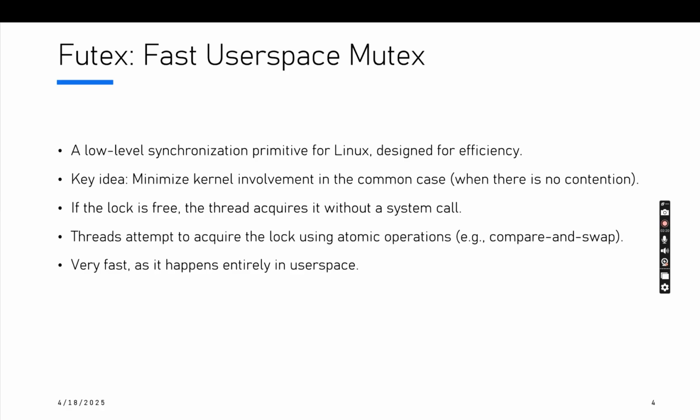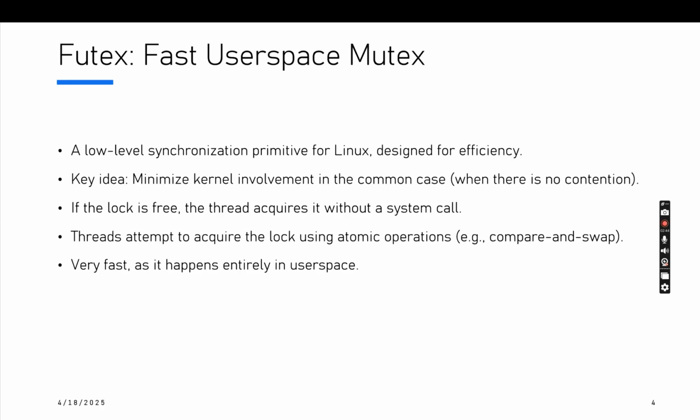in order to make acquiring a lock easier. So for the common case where no other process is holding a lock, the process attempting to acquire the lock doesn't need to go into kernel mode or make a system call in order to acquire it.